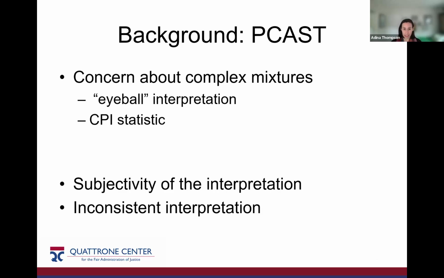And these two issues together, they were concerned about the subjectivity of interpretation and also the consistency of interpretation across analysts. So you had different people in different places doing different things, such that if you gave the same work to different people, they were not coming up with the same answers. So PCAST was concerned about the work being done related to complex mixtures.